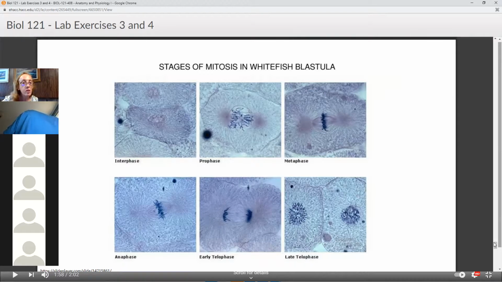Interphase, when we're looking under a light microscope in this case, here's the nucleus. You can't see any real distinct chromosomes. Prophase, things are condensing, the chromatin is condensing to where you can see distinct chromosomes. In metaphase, the condensed chromosomes are meeting in the middle at that metaphase plate.